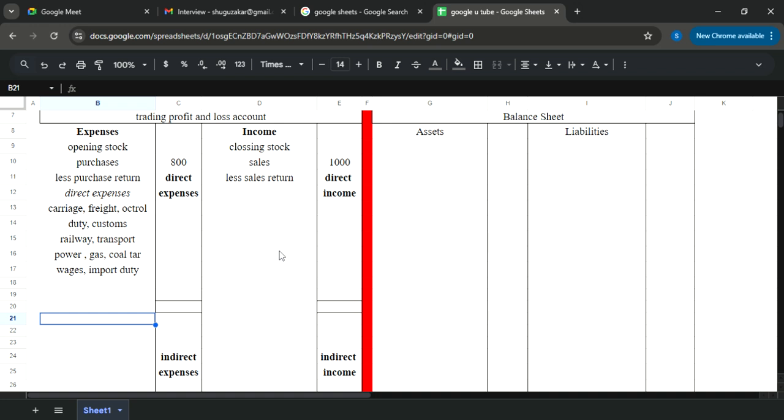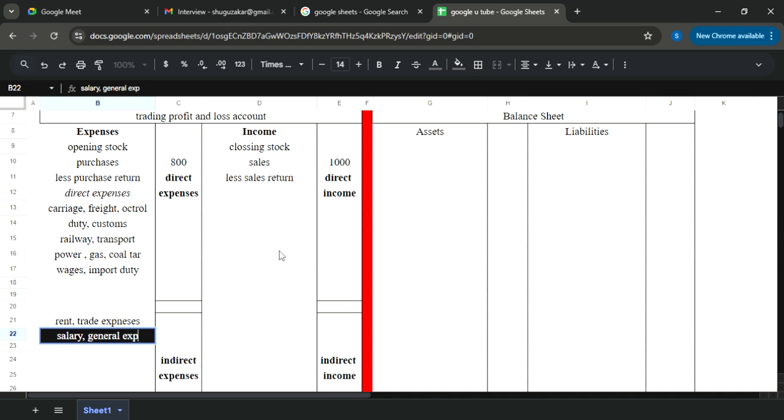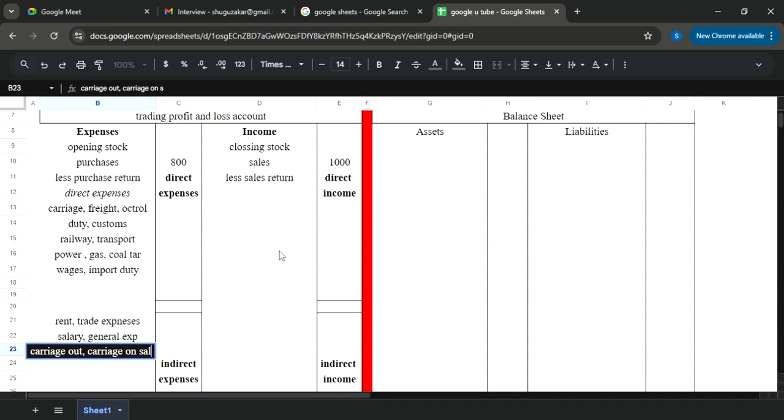Here I will start writing rent, trade expenses, then we have salary. Right now I'm giving you examples of indirect expenses. General expenses, then carriage out or carriage on sales.